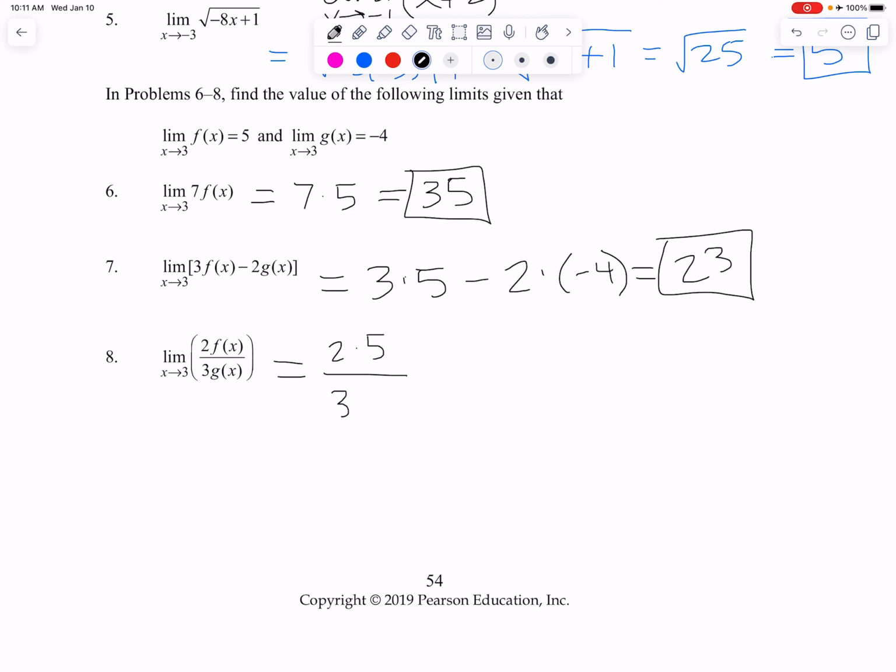We can pull the 3 out front, and the limit of g of x as x goes to 3 is negative 4. So 10 over negative 12, that's negative 5 over 6. Final answer.